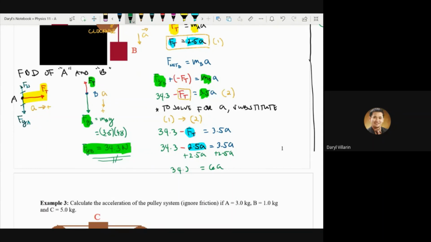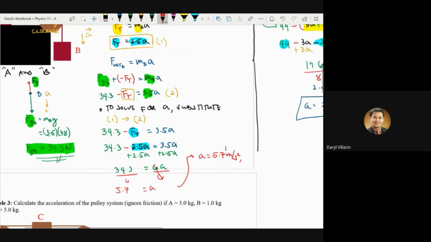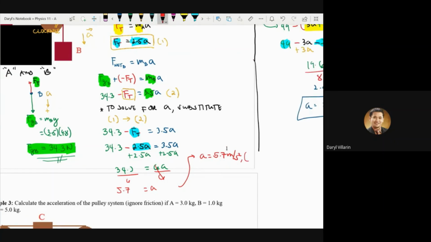Okay, now I'm gonna divide both sides by 6 to solve for a. That gives me a is equal to around 5.7. So a is equal to 5.7 meters per second squared. And I've chosen the correct direction, so therefore this is clockwise.